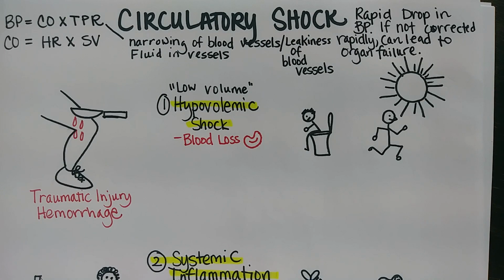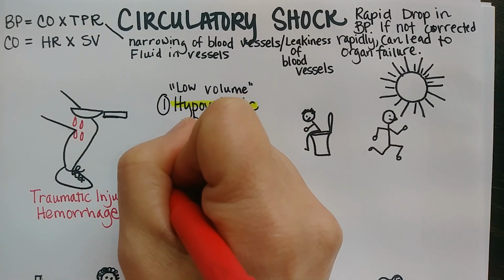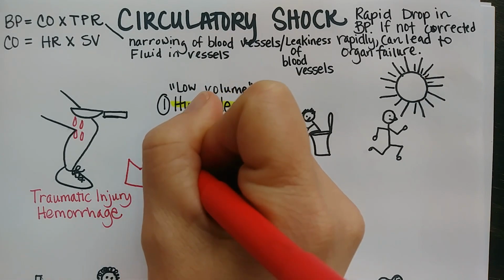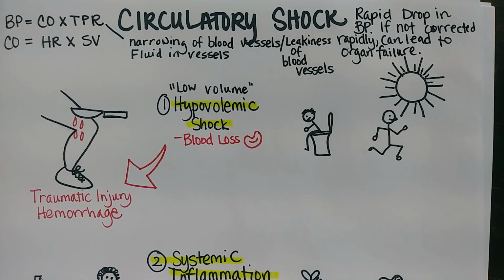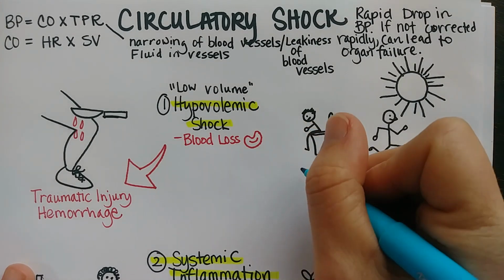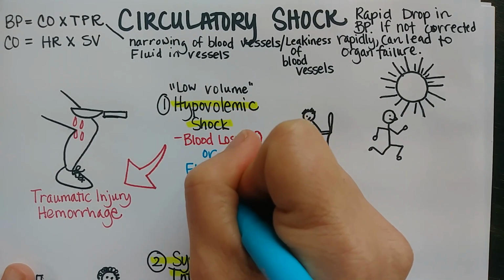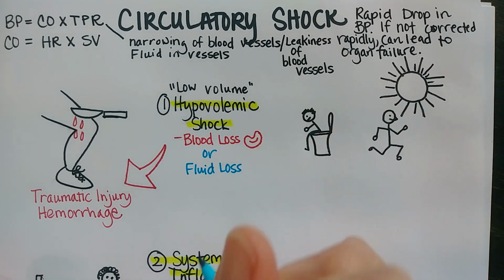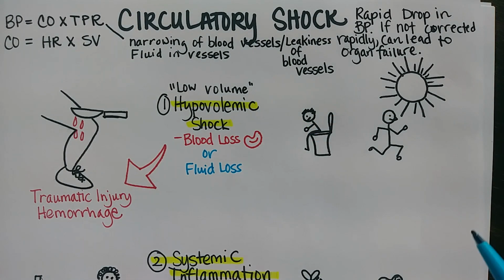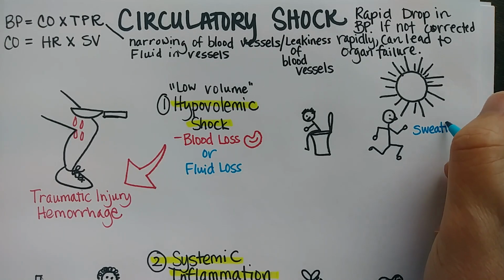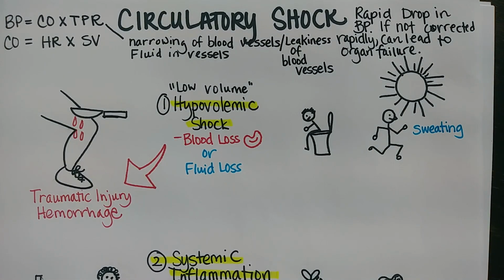But the other reason that it can happen, you can put an arrow right here, like that, is fluid loss. So now I'm going to switch to my blue pen, and or fluid loss. And you're going to see this basically in severe dehydration. So maybe excessive sweating if someone is in the desert and doesn't have water.